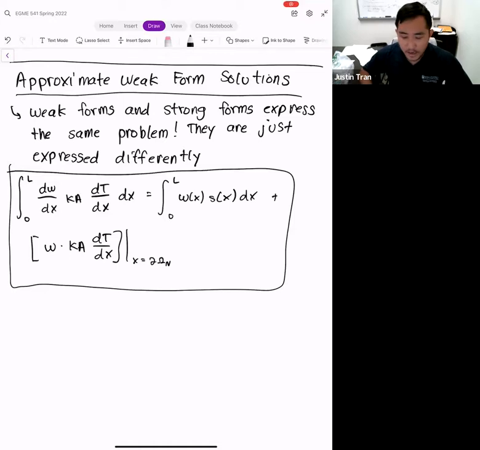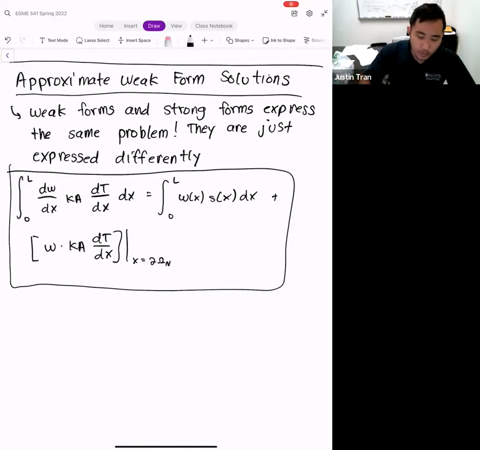And so, I know I say it constantly, the weak form and the strong form are the same problems. And so when you solve it, you get the same thing. It's just that the way we usually solve these in practice, in terms of the class, we always end up solving approximate solutions to weak forms. And so these solutions that we obtain through this method are different than the strong form solutions, but it's not because the weak form itself is different.